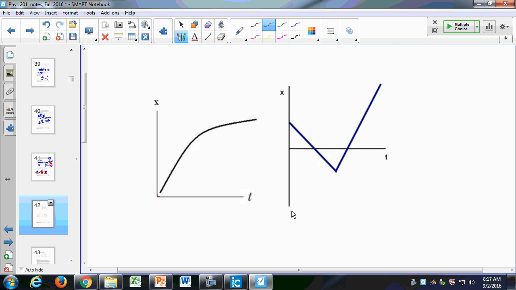It's positive because the slope is always positive. Is this object speeding up or slowing down? Slowing down, because initially the speed is big in the positive direction and then it gets gradually slower in the positive direction.